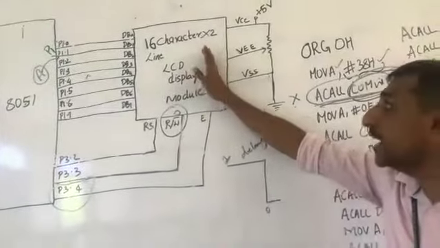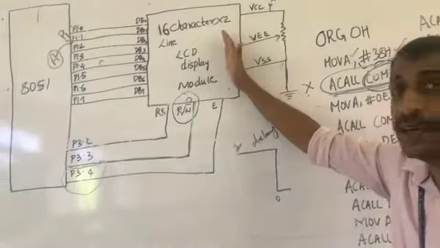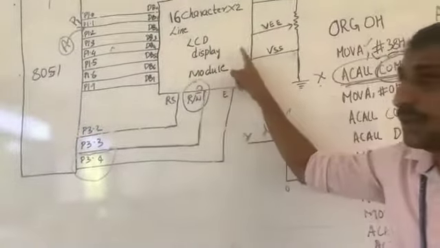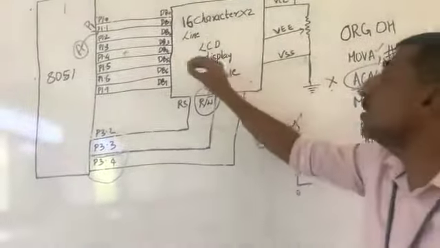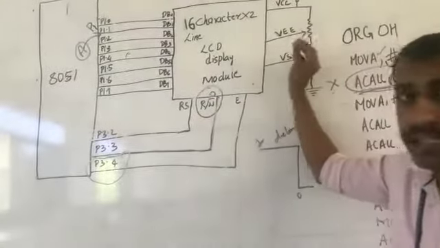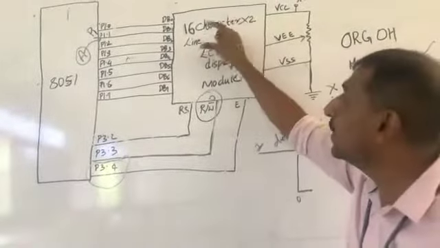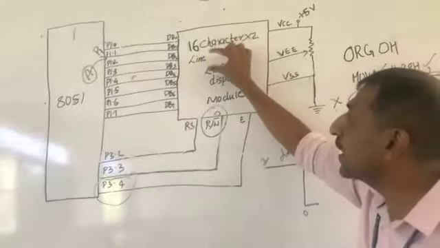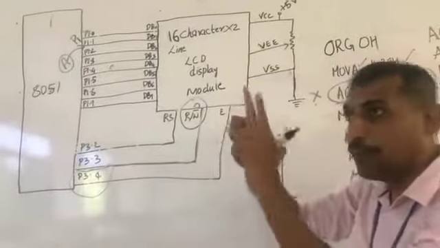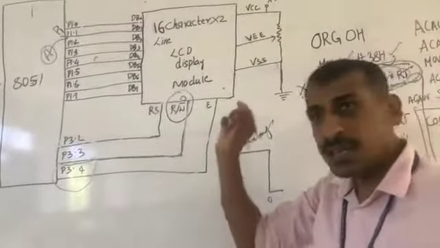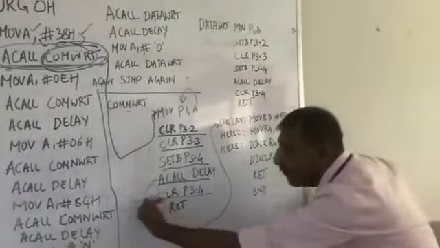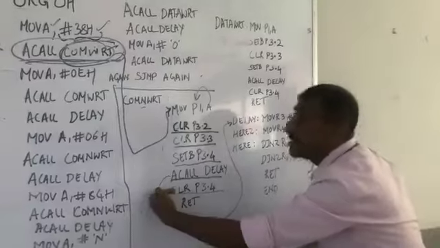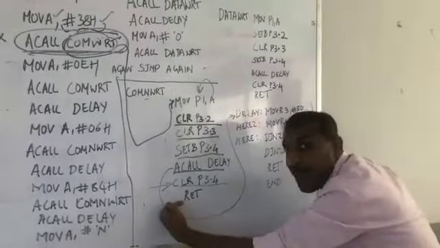What happens when 38H gets executed in the LCD? The two lines get activated. Means you can display the data on both the lines, and each character where it's going to be displayed will be of size 5x7 pixel matrix, right? Okay, so after this 38H is executed, you will return back.